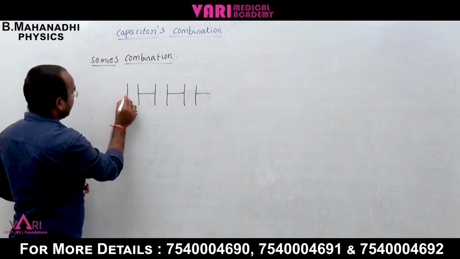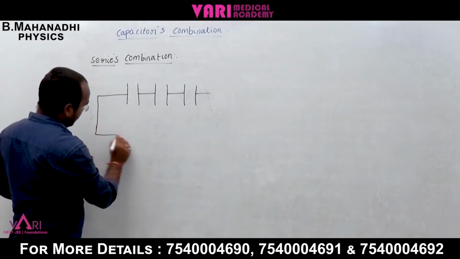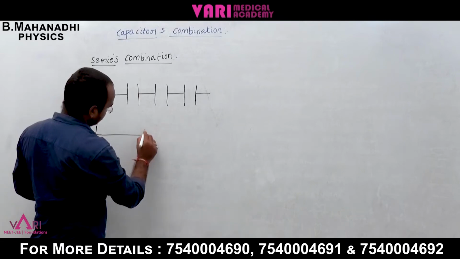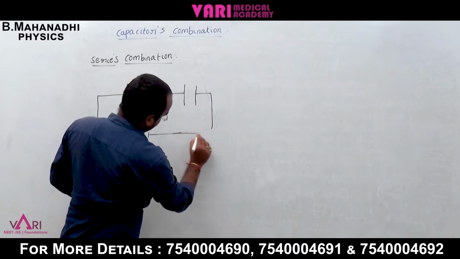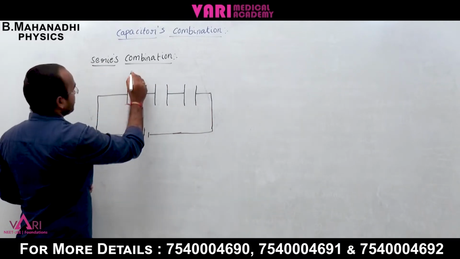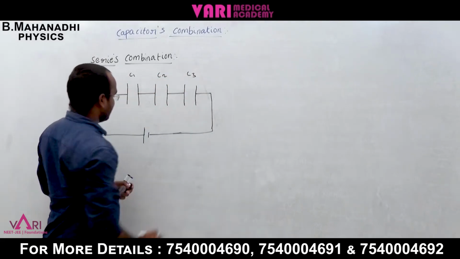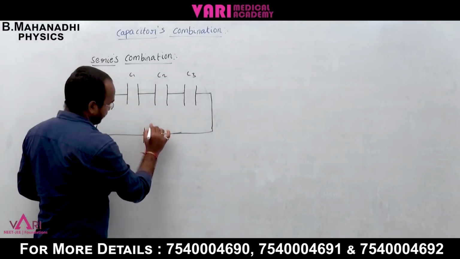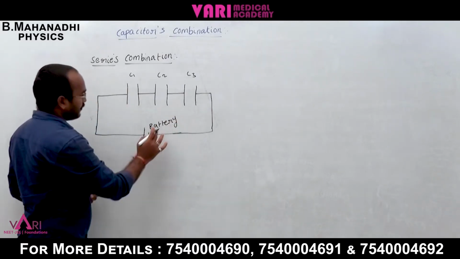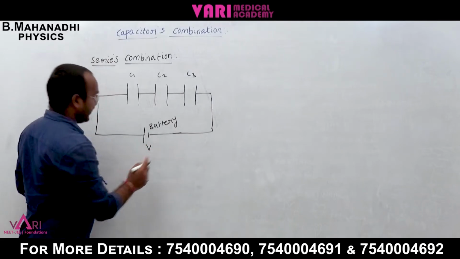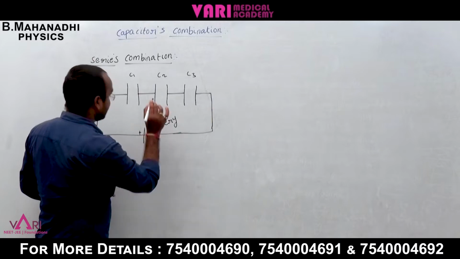Now three capacitors are connected in series combination with a battery. This is the first capacitor C1, the second capacitor C2, and the third capacitor C3. This is the battery. Battery potential is capital V. There is the battery's positive terminal and the battery's negative terminal.